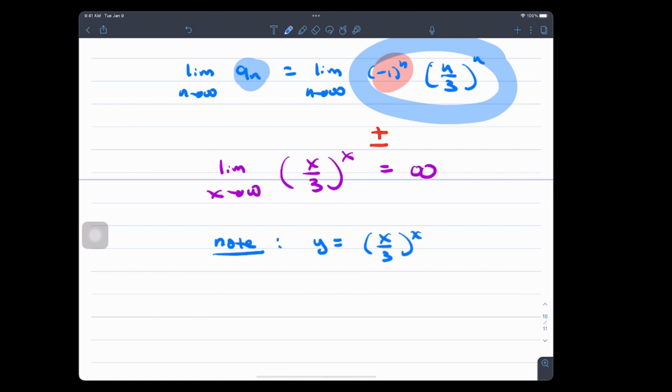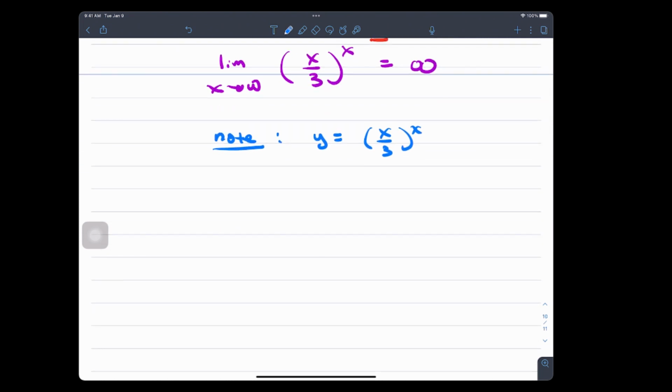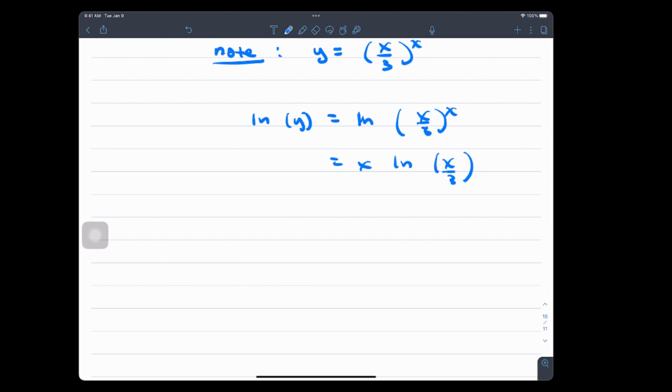You say, why am I asking for this? Does this look familiar to anybody? You guys remember L'Hopital's rule? Okay, so if I said to you guys this, as x gets big, x, natural log x over 3 gets what?